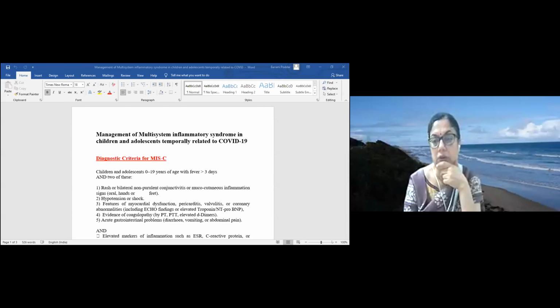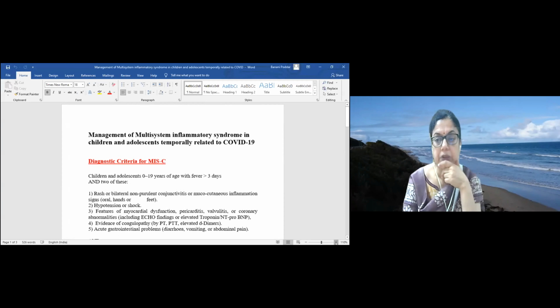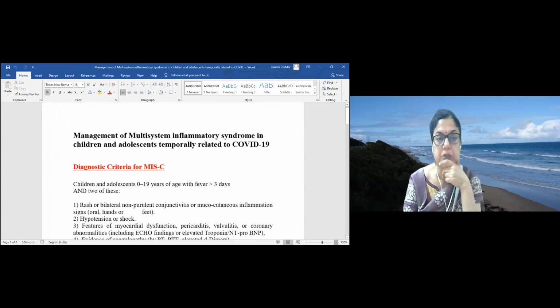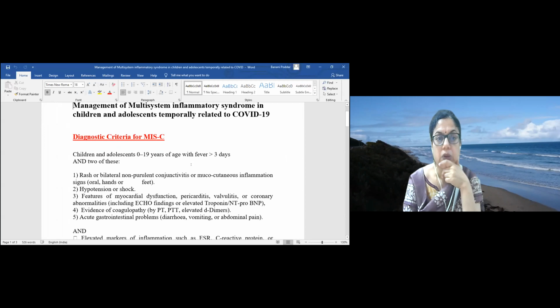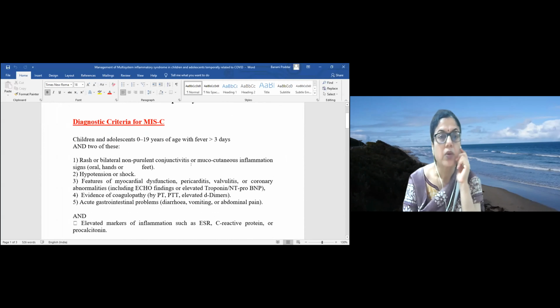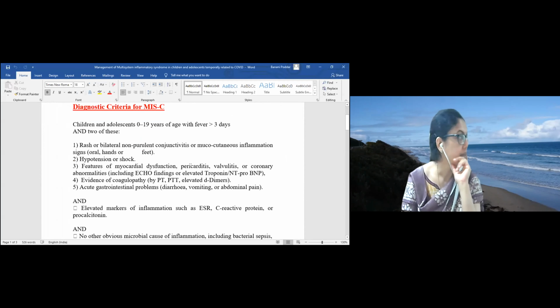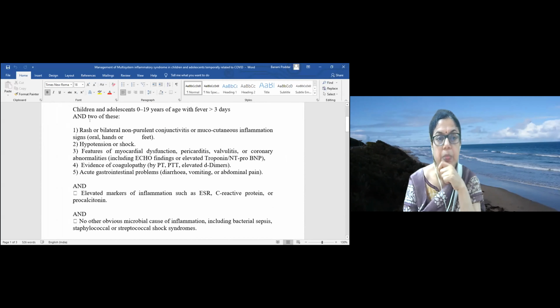The other is the MISC protocol. And I think pediatric gastro is becoming the expert in managing this. So the diagnostic criteria, I think everybody has gone through this several times, but just for the sake of repetition, we'll see it once again. So fever has to be there for more than 3 days.